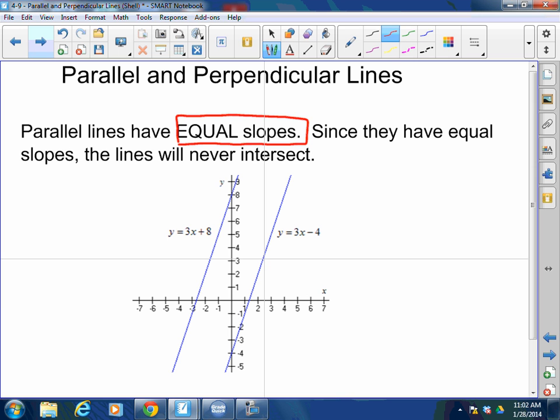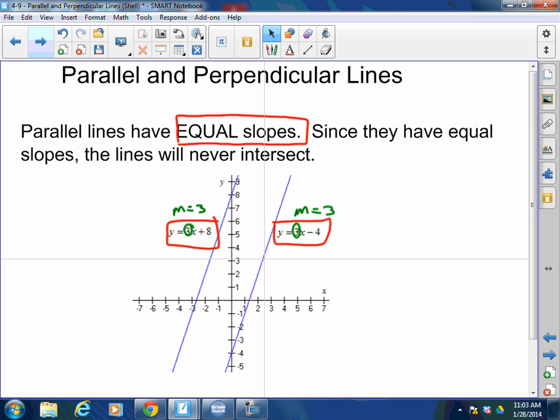But if you have, for example, y equals 3x plus 8, and y equals 3x minus 4, the slope is 3. So that means that they are parallel. Whenever you have equations that have the same slope but different y-intercepts, they will never intersect, but for sure remember that they have the same exact slope. Okay?